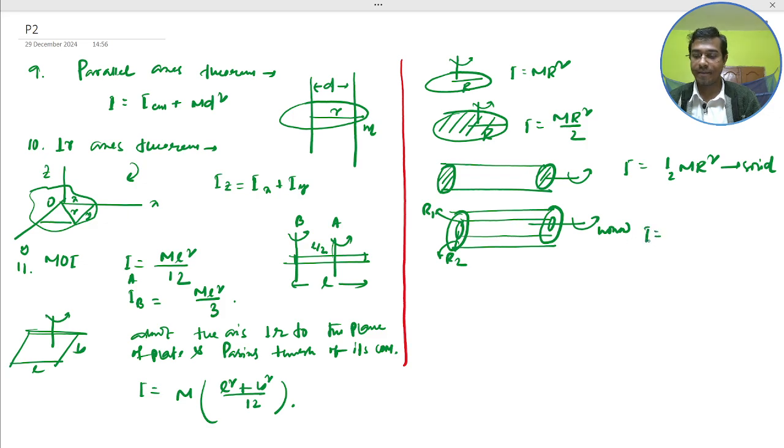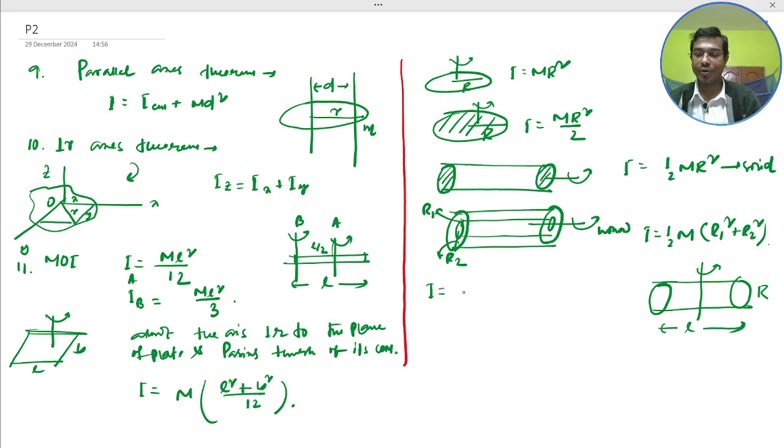So I would become half m r1 square plus r2 square. Next one, solid cylindrical rod. For the solid cylindrical rod, this is the r and the L length, the I would become m L square by 12 plus r square by 4.